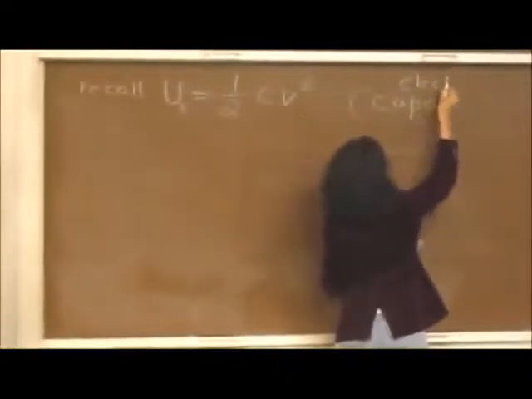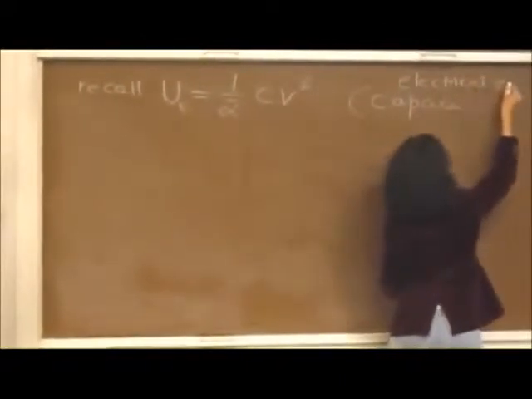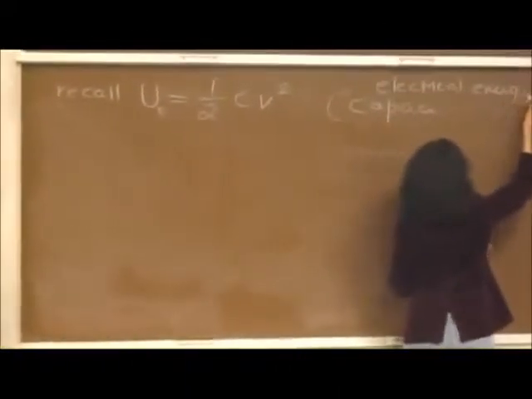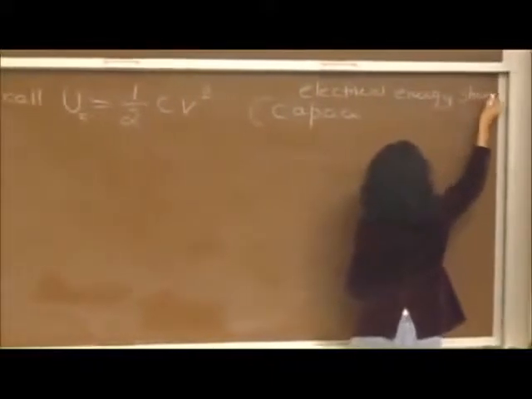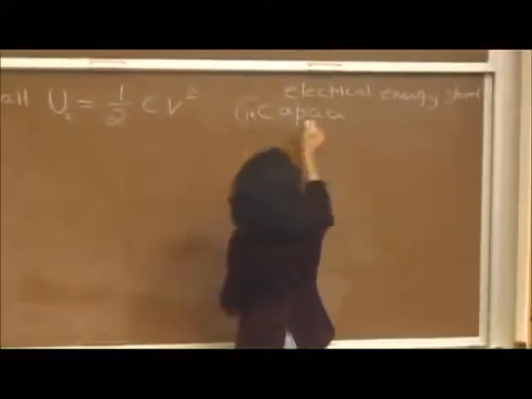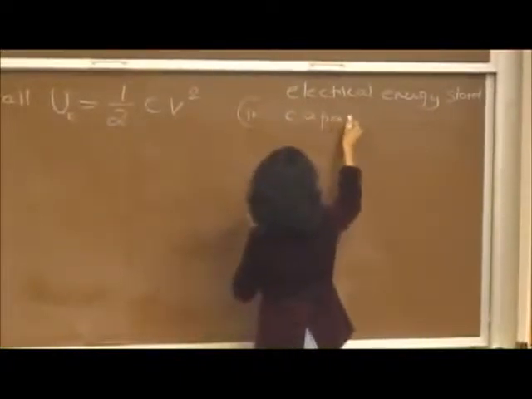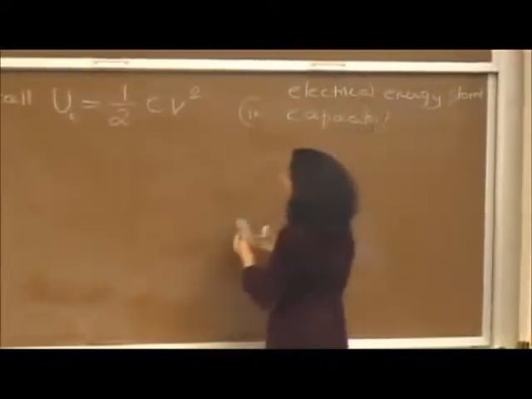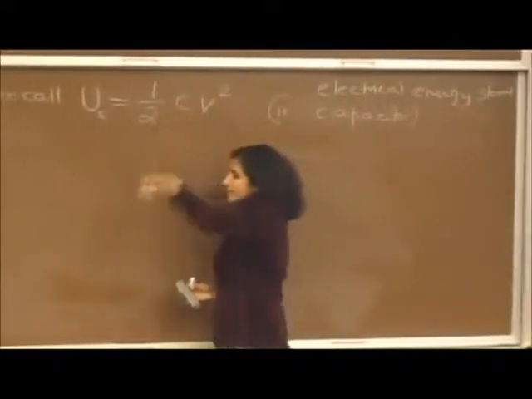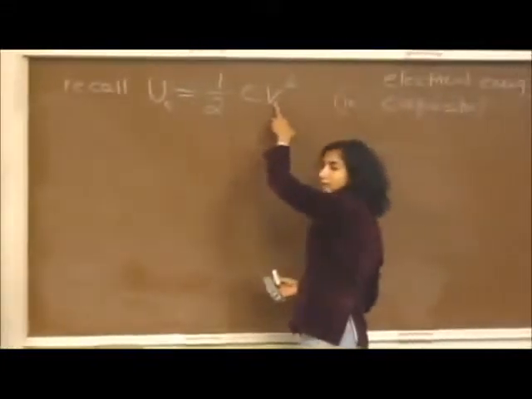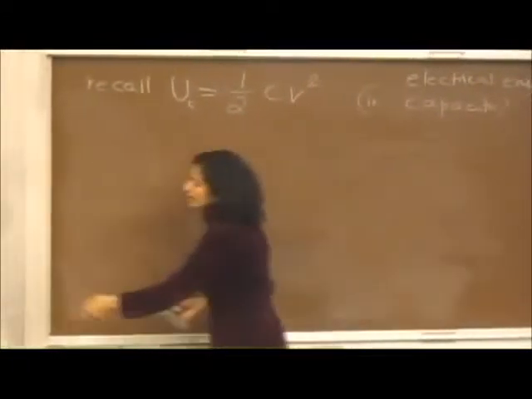This is the electrical energy stored in a capacitor. So here, how much energy is stored depended on C. Here it depends upon L. Here it depends upon what voltage you had applied. Here it depends upon how much the total current is.